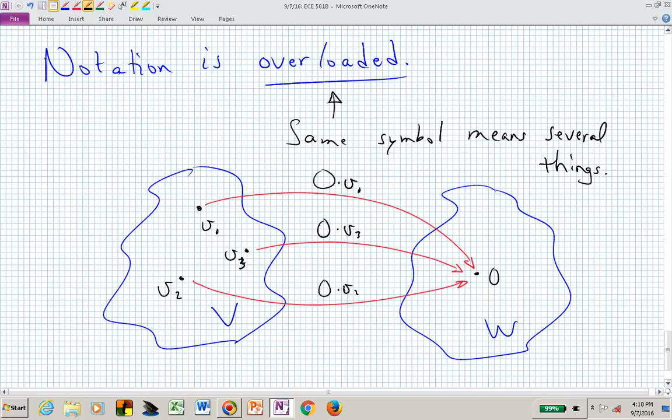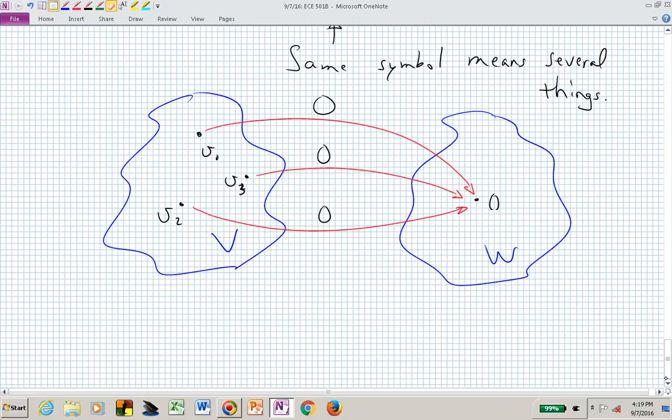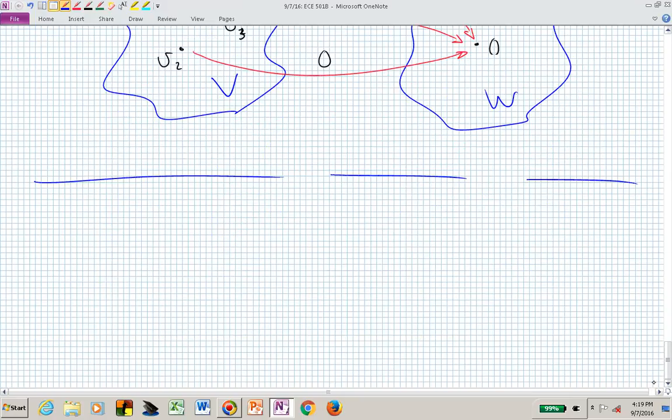Maybe I'm mislabeling these maps, because in the past I just labeled them with the linear map, so maybe I shouldn't put that in. What it's operating on is implied by what's at the left-hand side of that particular operator 0. That's just one example. That's the 0 map, meaning every vector gets mapped into the additive identity in your output space.